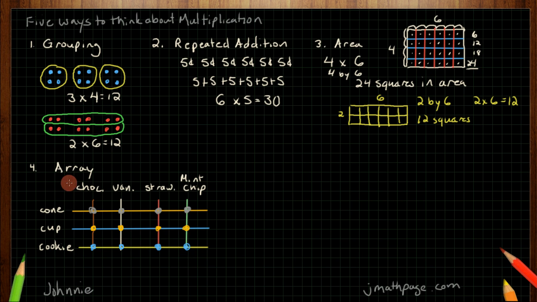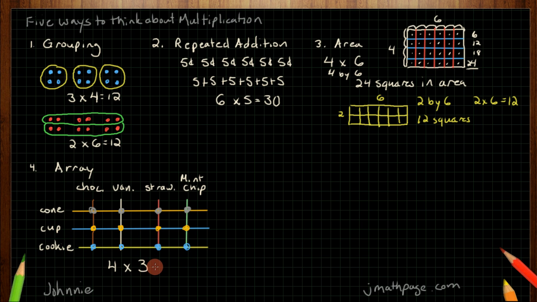So when I'm looking at an array, I'm looking at all the choices. 4 choices and 3 ways to serve. So I can write that down. So I have 4 choices and 3 ways to serve. 4 choices: chocolate, vanilla, strawberry, mint chip. 3 ways to serve: cone, cup, cookie.